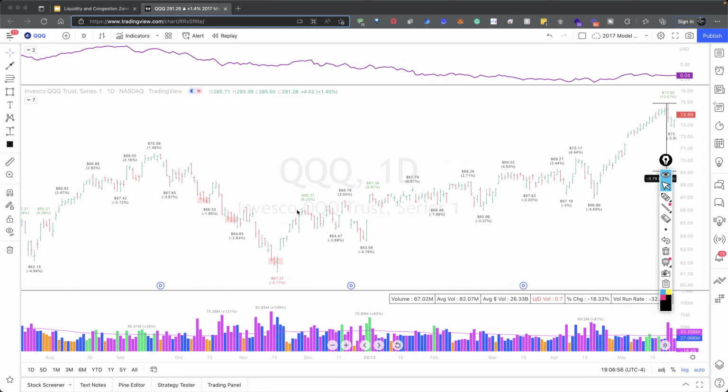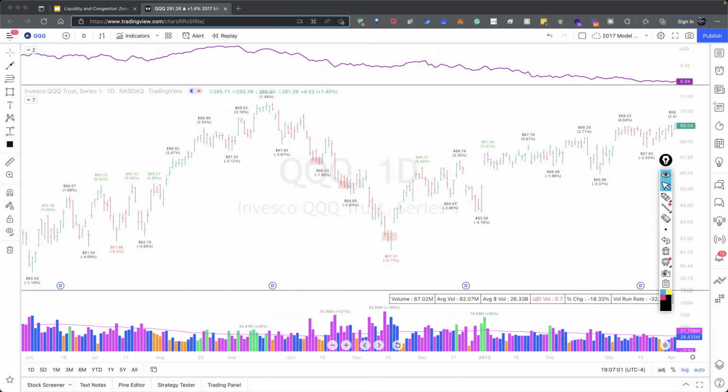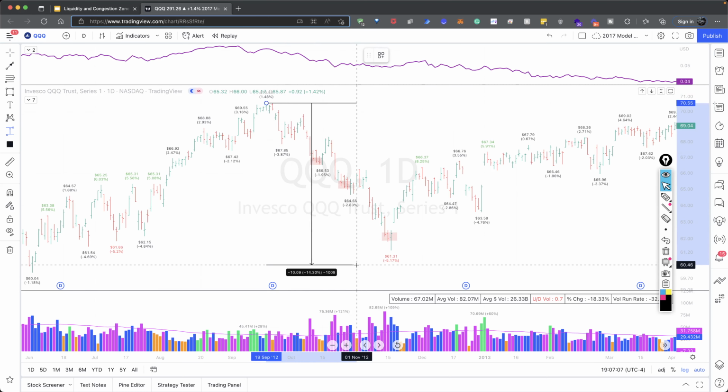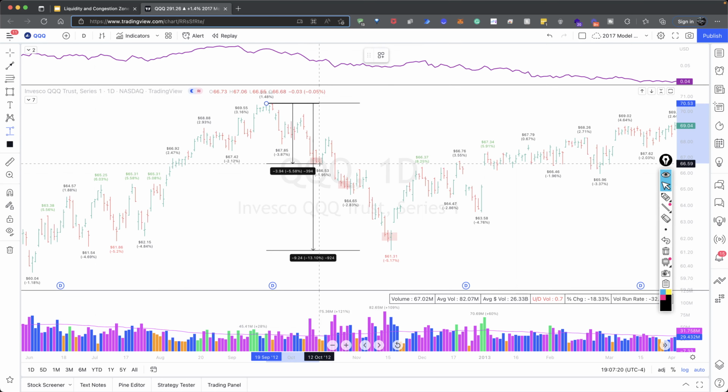of congestion zones. Now, another one I want to show you guys is, again, some of you might take this as a holy grail, but there's some art and interpretation to this. So at this point, the market is now 13% off highs. And at this point, the market is off 5% off highs.